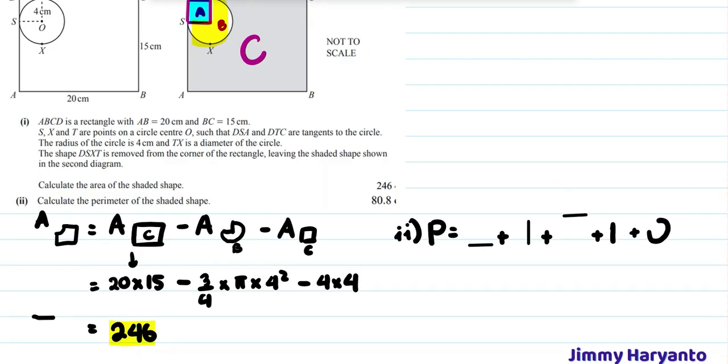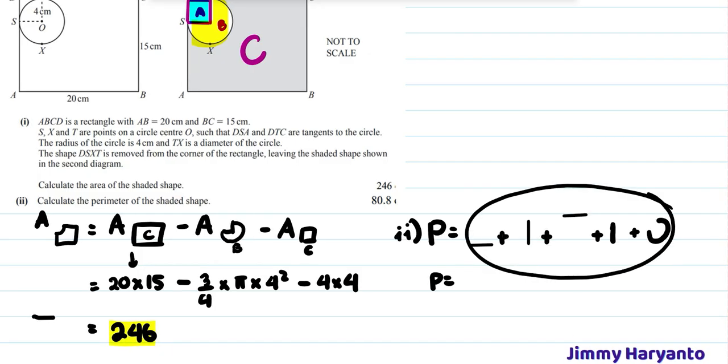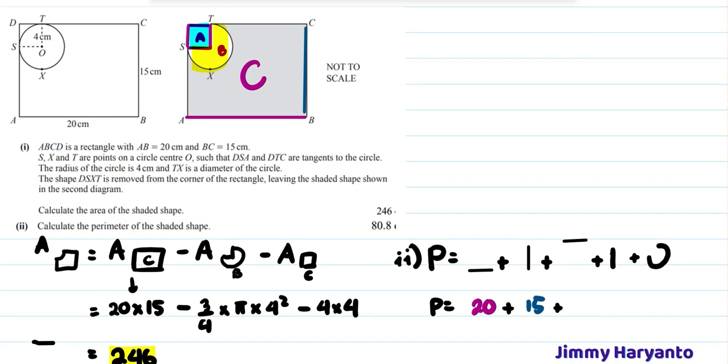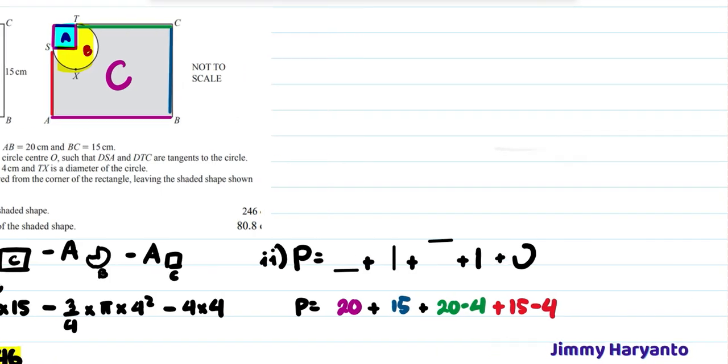246 in 3. Okay, and then to find the perimeter, I already split them into 1, 2, 3, 4, 5 parts. For the first one, this one is 20. The second part is 15 plus 15. The third part is 20 minus 4, and the last one is 15 minus 4, and also the arc length.